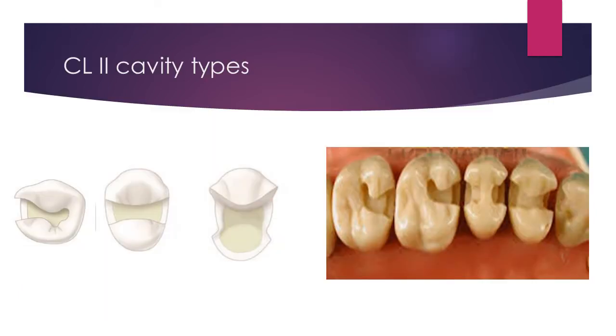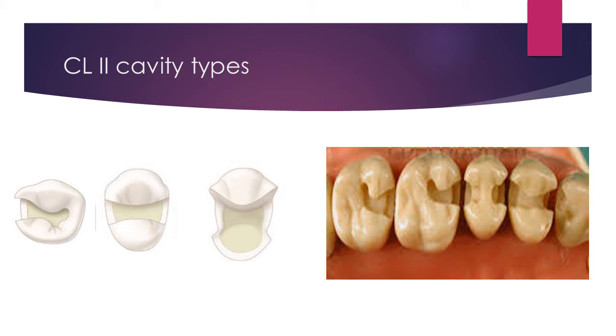Now, Class 2 cavity types are present in the occlusal and proximal surfaces of posterior teeth, mainly premolars and molars. It is composed of Class 1 in addition to boxes proximally, either mesially or distally. If it is located mesially, we call this cavity MO, mesio-occlusal.